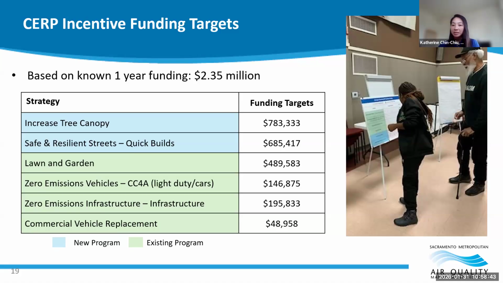What you see on the slide here are the funding targets set by the steering committee using an activity called participatory budgeting. This was a process where steering committee members and members of the public were given stickers that represented a certain dollar amount, and they placed these stickers on the strategies of where they wanted to invest their dollars.